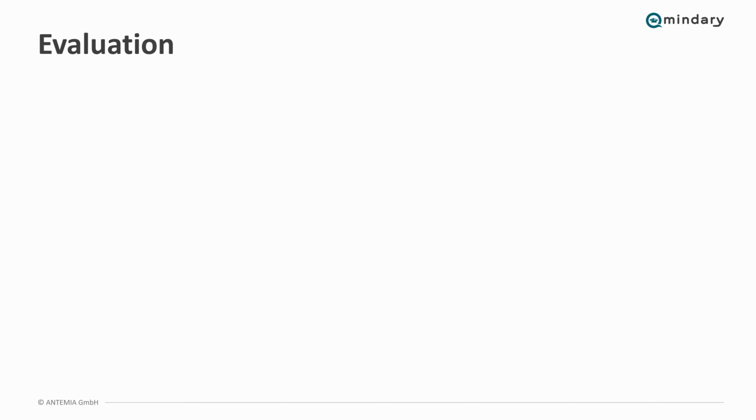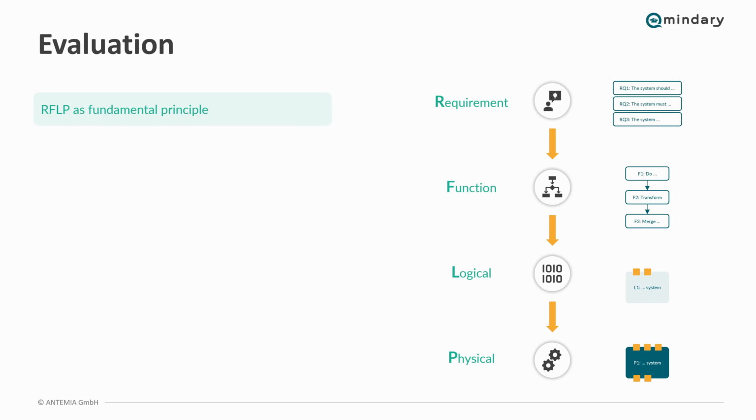When analyzing the shown MBSE methods, so you have seen a lot of them now, the RFLP pattern as a fundamental principle is in the center. Most of the methods are focusing on new innovative products, so from the idea to the solution.